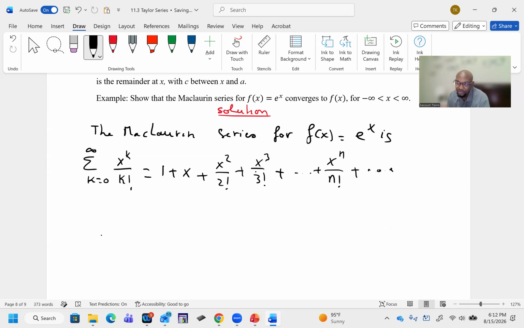So now we know this also converges, we have proved it, for negative infinity less than x less than infinity. So we have proved this one in the previous sections, right?